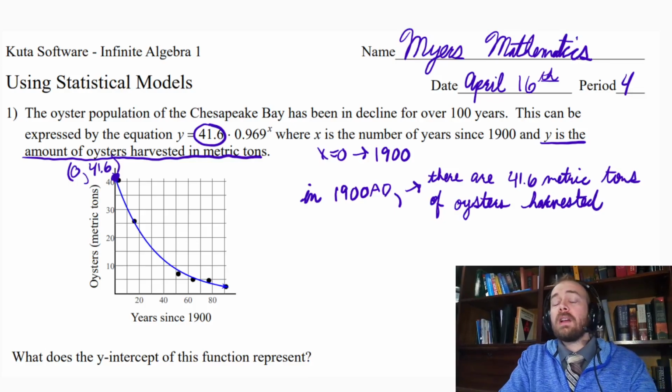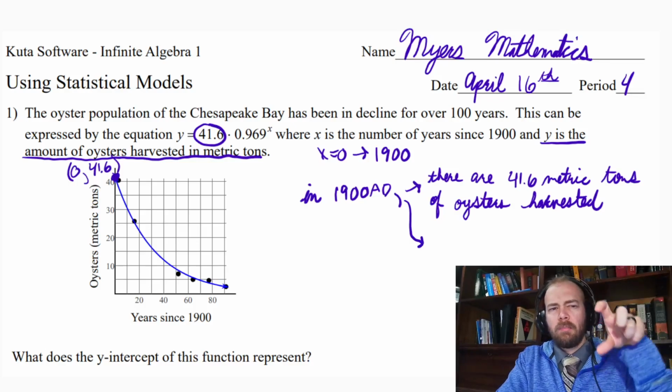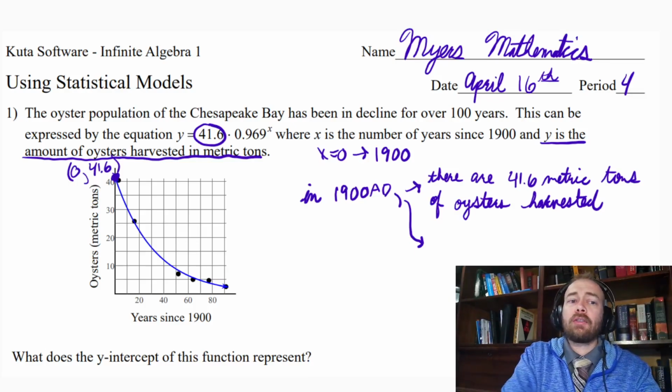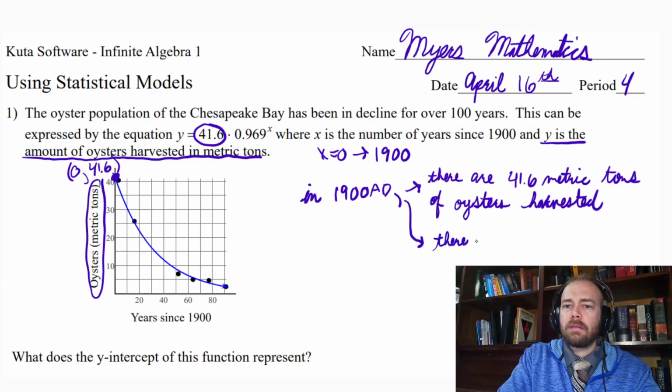That would probably be the best way to answer it, because I think the graph is trying to shorten it, but in shortening it, they're saying something different. According to the graph, you could say in 1900 AD, there are 41.6 metric tons of oysters.